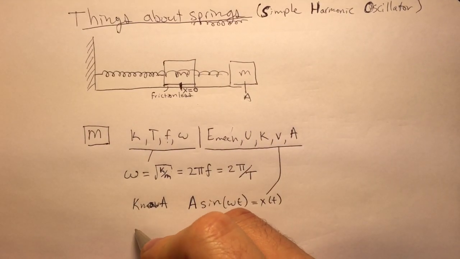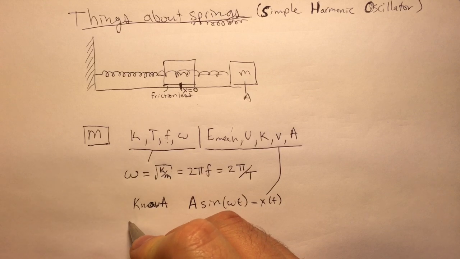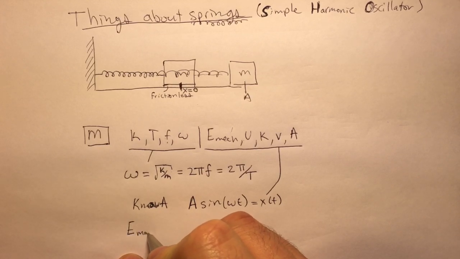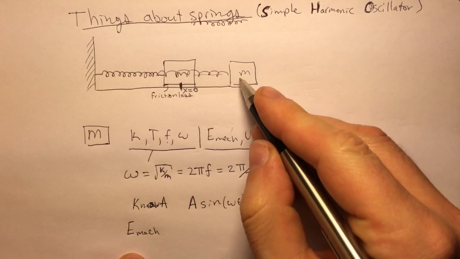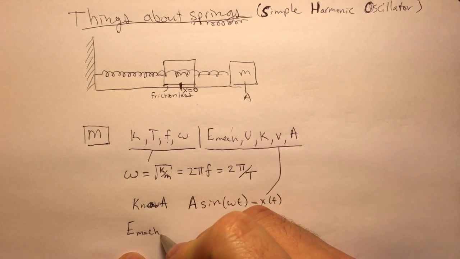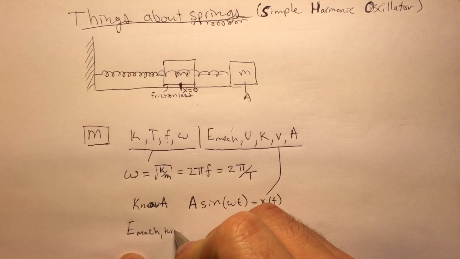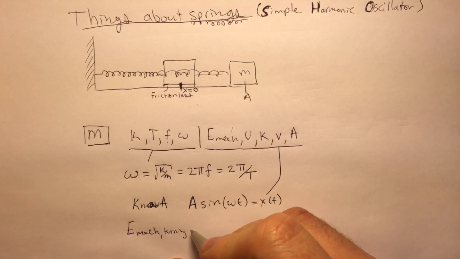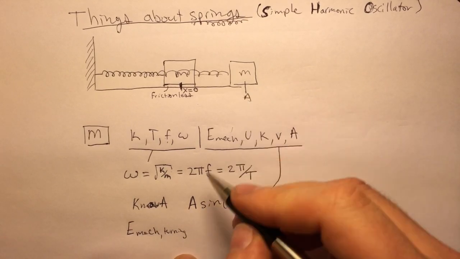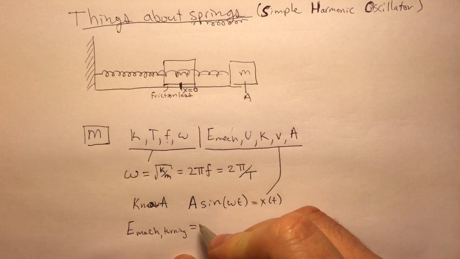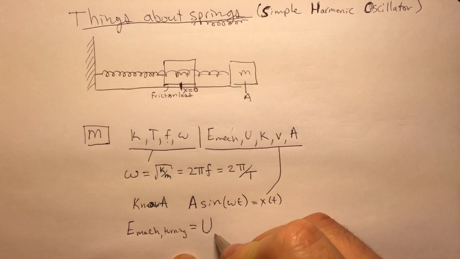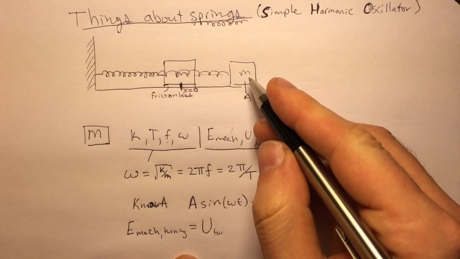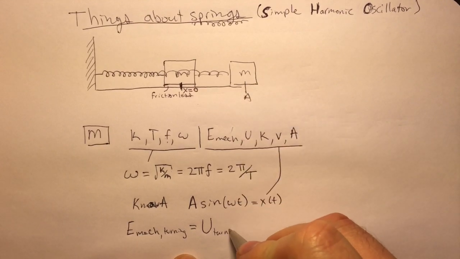The way we can relate this to energy is that the total mechanical energy at this turning point is just going to be the potential energy at the turning point, because it's not moving, it's just turning around.